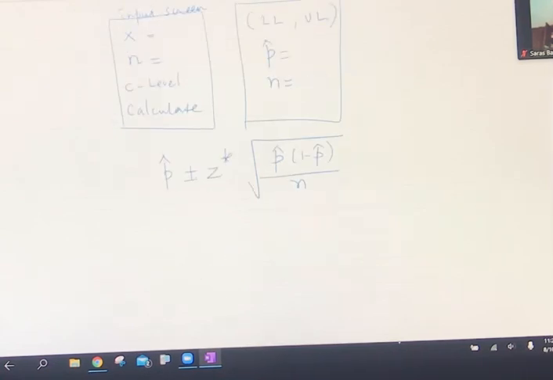No TI 84 option available for the plus 4 method. So that you have to do it by hand. Do it only by hand.